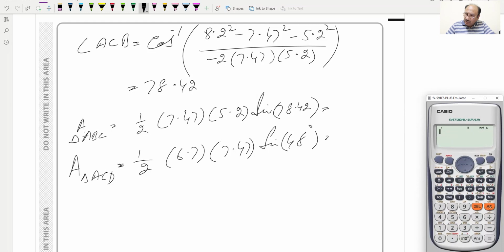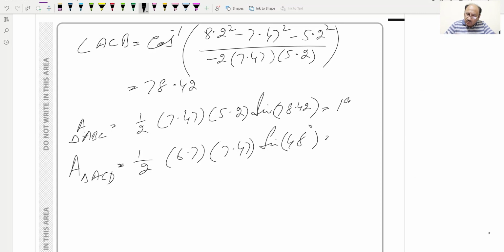So 0.5 into 7.47 into 5.2 into sine of 78.42, and this will be equal to 19.03.